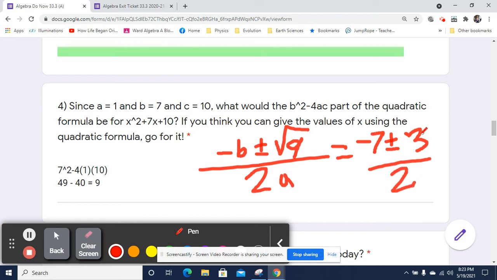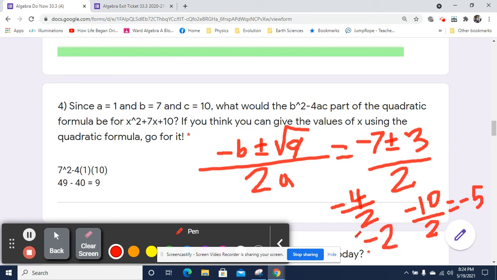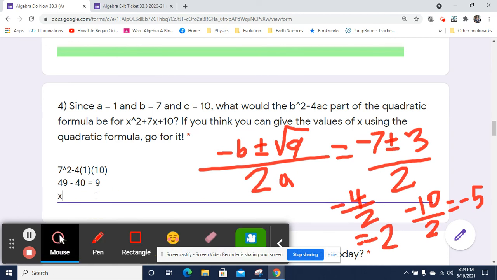So we get negative 7 plus 3, that's negative 4, over 2. And then negative 7 minus 3, that'll be negative 10 over 2. That's equal to negative 5, and that's equal to negative 2. So when we work out the quadratic formula, x equals negative 2 and x equals negative 5.